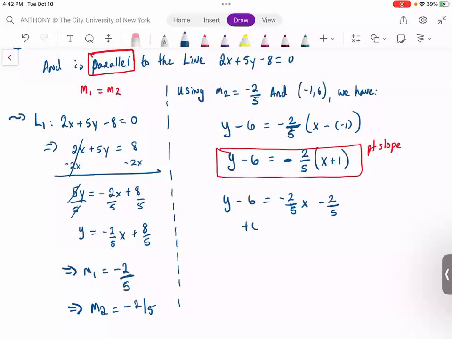And then you add 6 to both sides. The 6 on the left will cancel. This will give you y = -2/5 x, then -2/5 + 6. Just to speed up the process a little bit, you would convert 6 into a fraction. That fraction should be 30 over 5, my apologies.